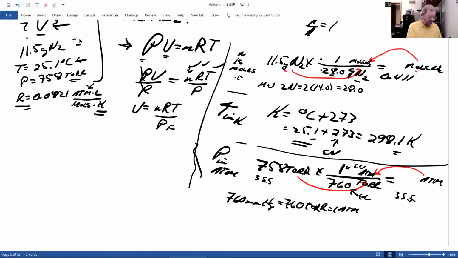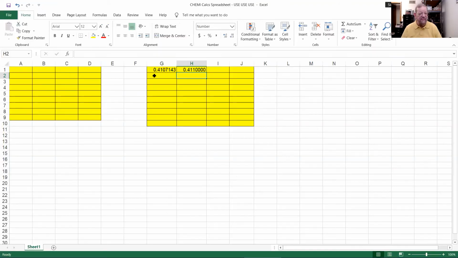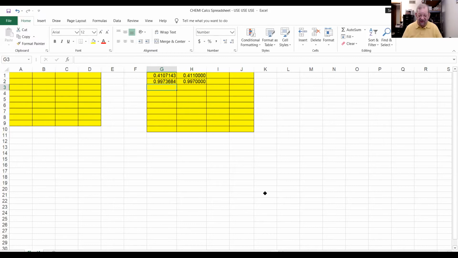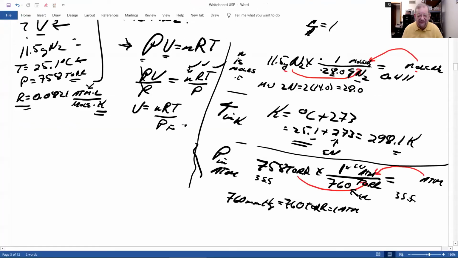And now I'll go to my calculator. If I round it off to 3 significant figures, I get 0.997. And let me go back and look.